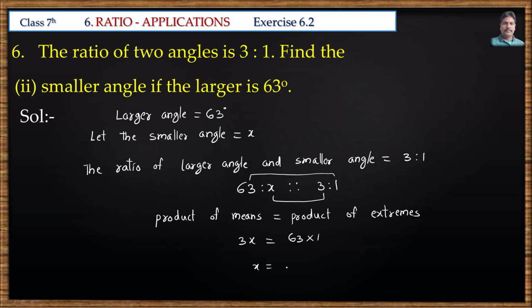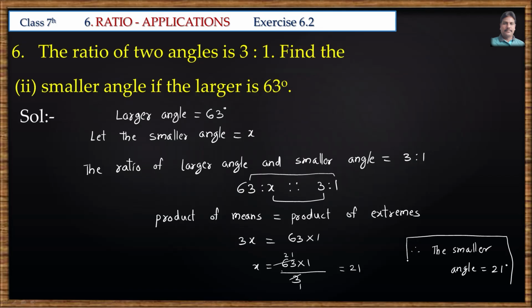So x is equal to 63 into 1 by 3. 3 ones are 3, 3 twos are 6, 3 ones are 3. That is equal to 21. Therefore, the smaller angle is equal to 21 degrees. This is the answer.